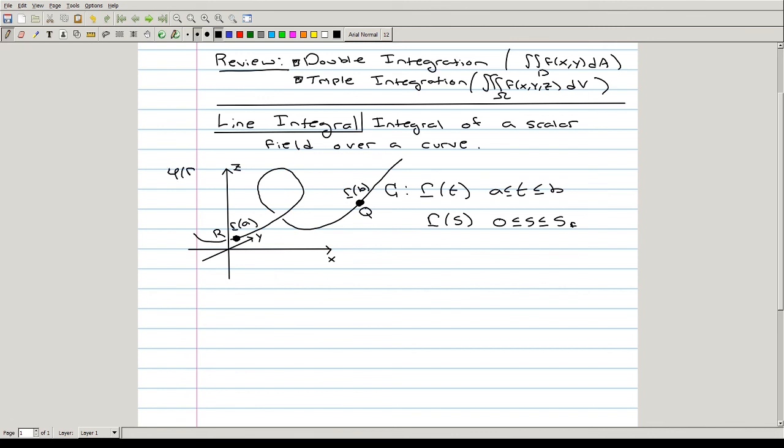So phi of r is some scalar field, and maybe this is a scalar field that has a relatively high value up here, and then as we move away from this region right here, the scalar field maybe goes to a lower value, illustrated by these orange points right here. And it continues to decrease maybe as we move away from this region in 3D.